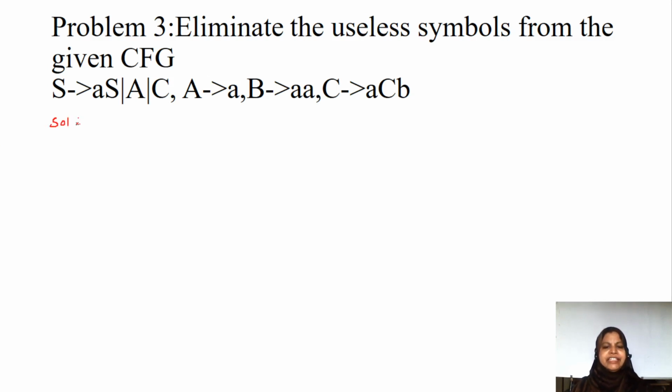First we have to define the useless variables. Which one is the useless variable here? From this S, is it possible to reach B? A, S, C are there, but there is no production of B in this given S, so B is the useless variable.